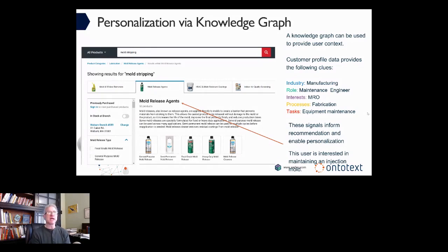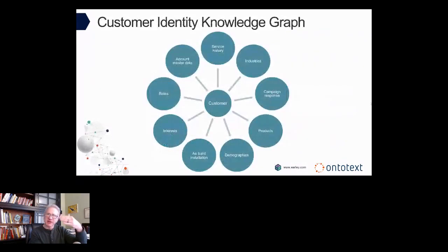So here, a knowledge graph, an identity graph, is going to tell me what industry they're in, what role they're in, what interests they may have, what processes they're looking at, what tasks. The prior version had the actual knowledge graph that represented this. Maybe I have it here. No, I don't have it here.